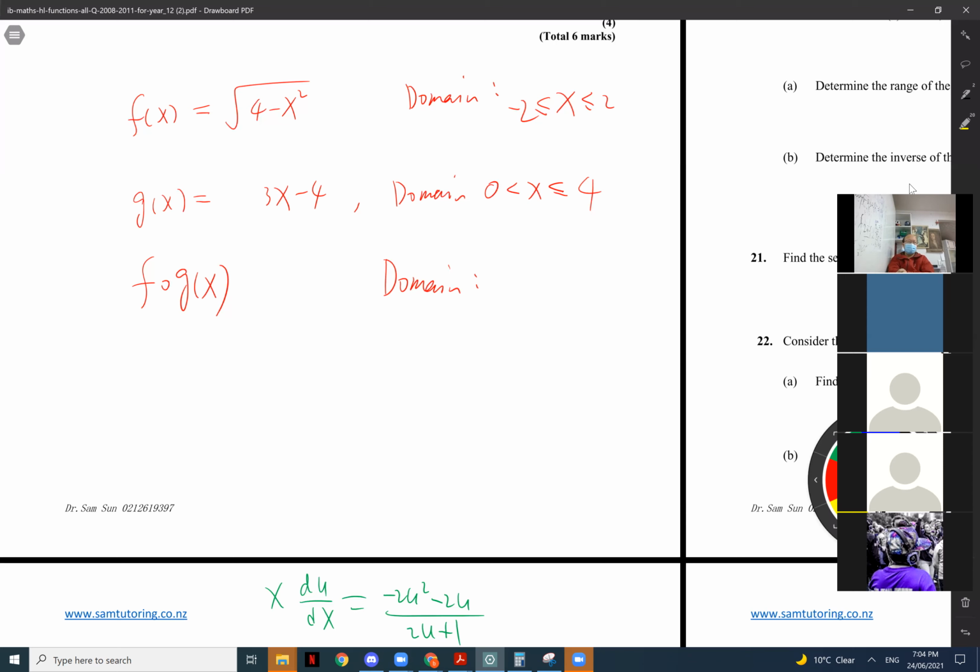You learn e^x differentiates to just e^x, ln x differentiates to 1 over x, sine differentiates to cos, cos differentiates to negative sine. Did you learn that? Not yet. Oh, so you pretty much just use x cubed differentiates to 3x squared, that type of thing? Yeah. Okay, we can revise that part as well.